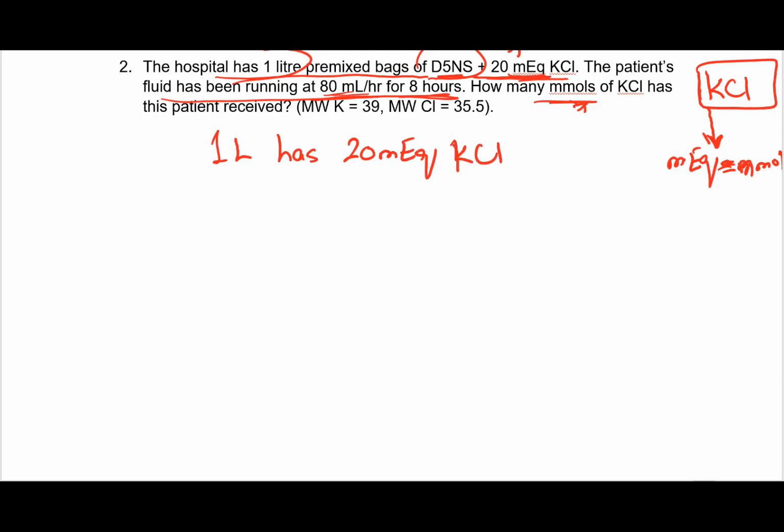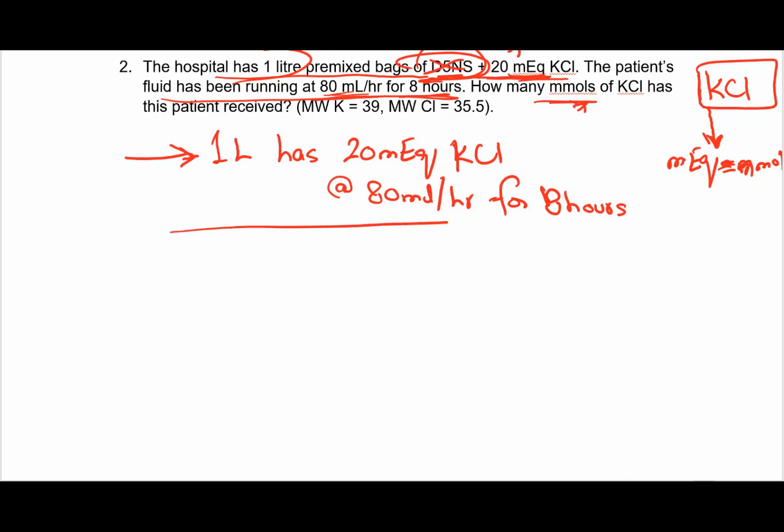The patient has been receiving this fluid, 1 liter of which has 20 milliequivalents of KCl, at the rate of 80 mLs per hour for 8 hours, and we have to find out how many milliequivalents have gone into the patient at this rate over 8 hours. So let's calculate how much fluid the patient has received first, and then from that we can calculate how many milliequivalents the patient has received.